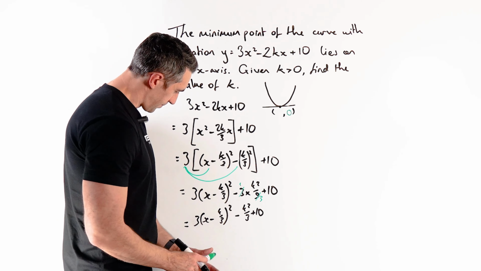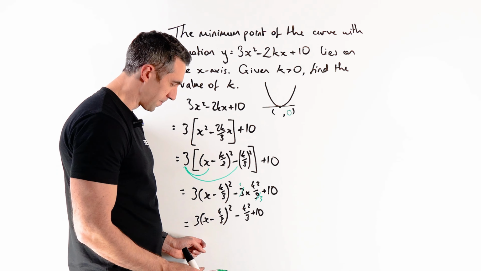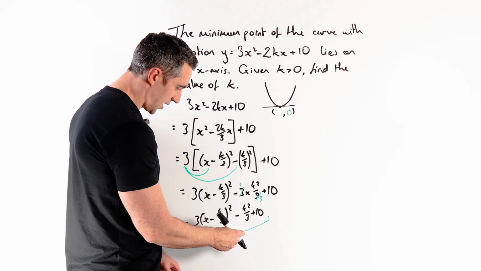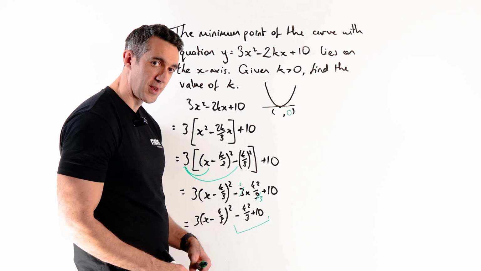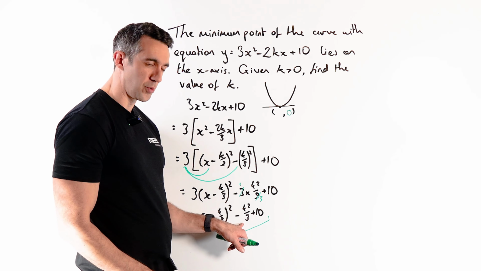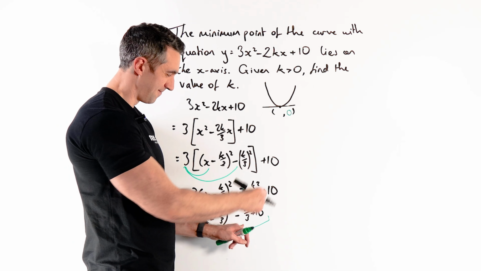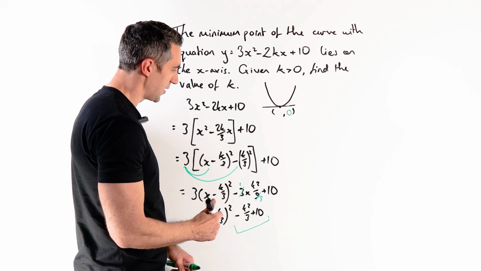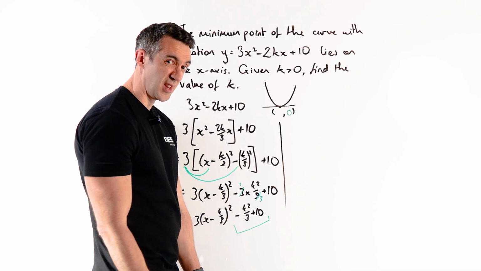Now, from our completed square form, this is the part that tells us the y-coordinate of our turning point. So if this is our y-coordinate, but this is also our y-coordinate, we can connect those two together to make a little equation.